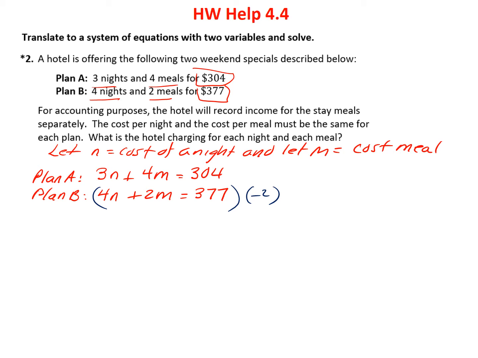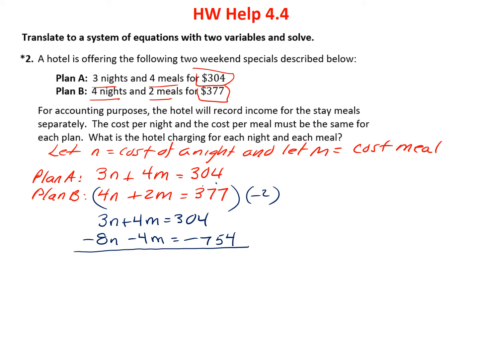So let's do this. The first one we leave alone: 3n plus 4m equals 304. The second one, multiply everything by minus 2. So that's minus 8n minus 4m equals minus 2 times 377, which is minus 754.